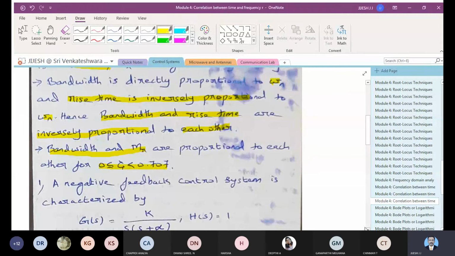A negative feedback control system is characterized by the equation G of S is equal to K divided by S into S plus alpha, and H of S is equal to 1. Write down that problem, then we will go for the solution for that.